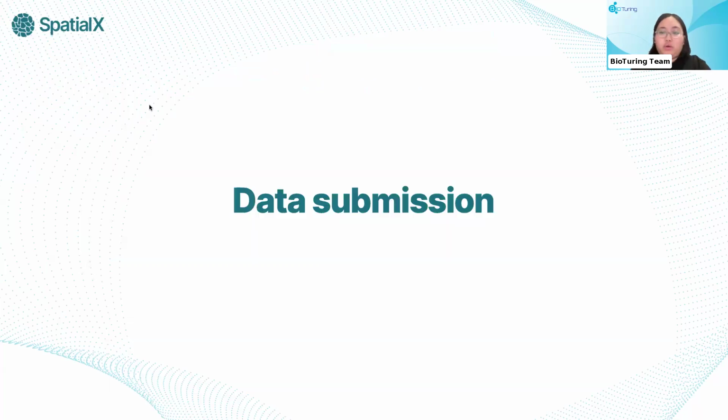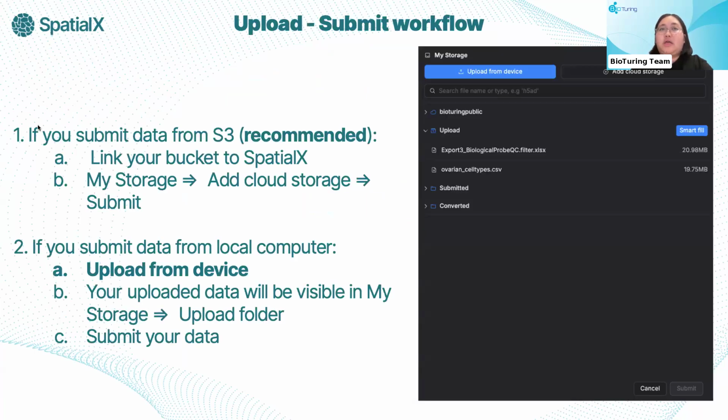Okay, so I will go quickly through how you can submit the Xenium data onto our platform. As you can see here, our submission workflow is broken into two steps. The first step will be upload, including either uploading your data from your local computer or linking your cloud storage. It can be an S3 bucket or SFTP.